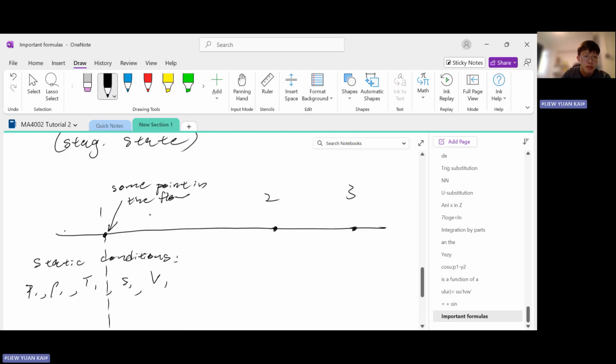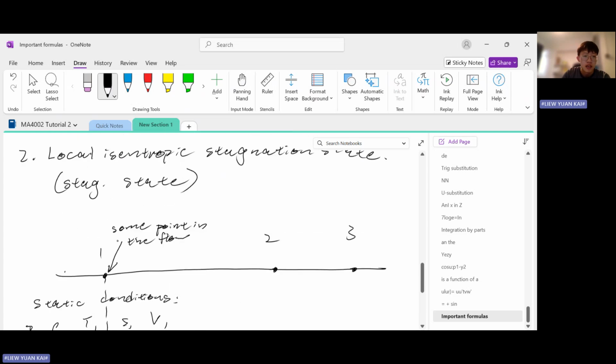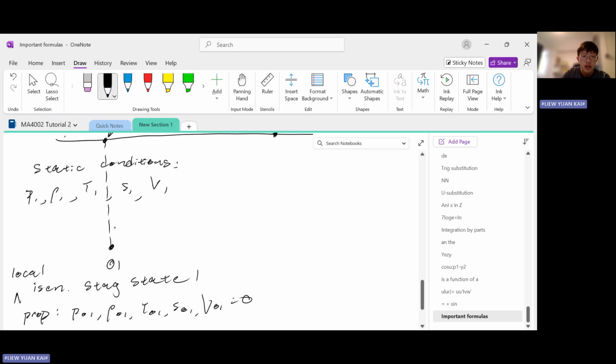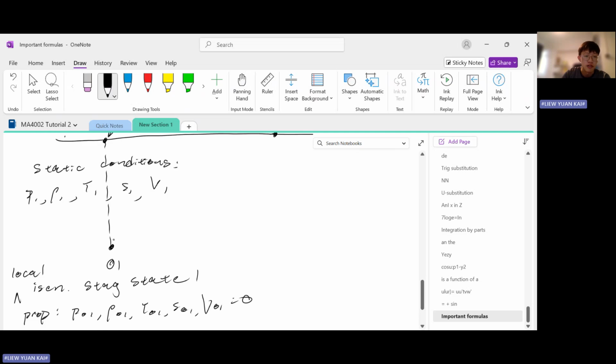so it has some velocity. But each point, in theory, can be brought to its local isentropic stagnation state. Now, the local isentropic stagnation state is a point of 0 velocity. Okay, it's a point of 0 velocity when some point in the flow is being isentropically decelerated into the point of 0 velocity.